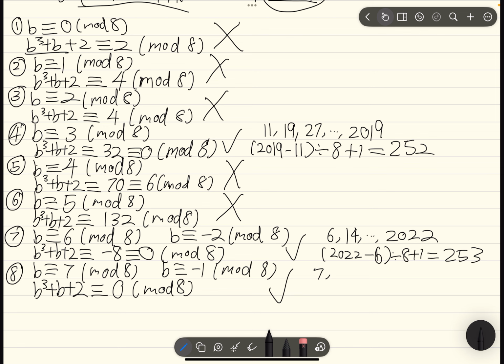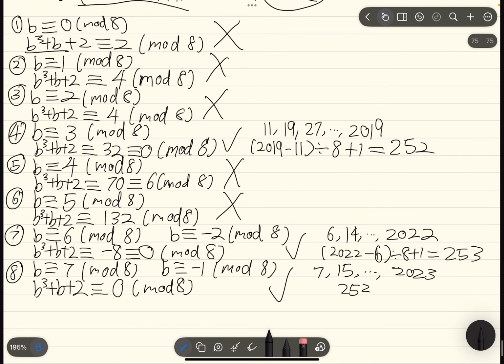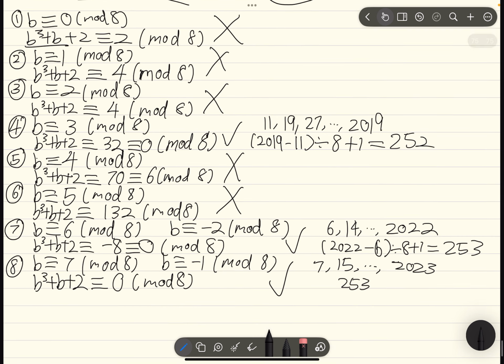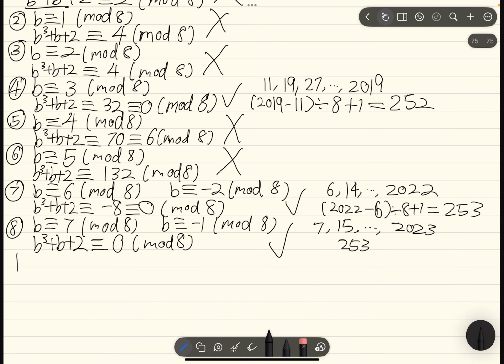We have 7, 15, all the way to 2023. This series is just the previous series plus 1, so there are also 253 numbers. So k is the amount of numbers: 252 plus 253 plus 253.